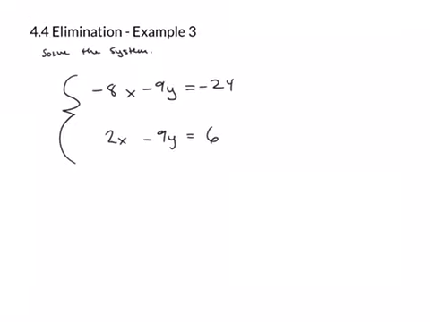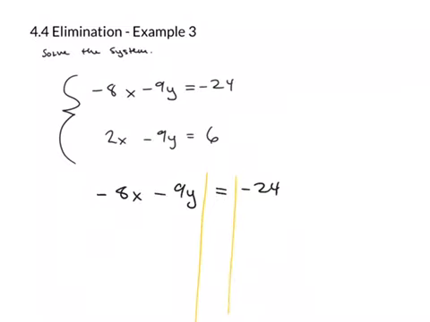I'm not going to graph it, and I'm not going to use substitution, because the point here is to think about how to use this cool strategy, linear combination or elimination. Today we introduced the idea that we could add two equations together or subtract one equation from another.